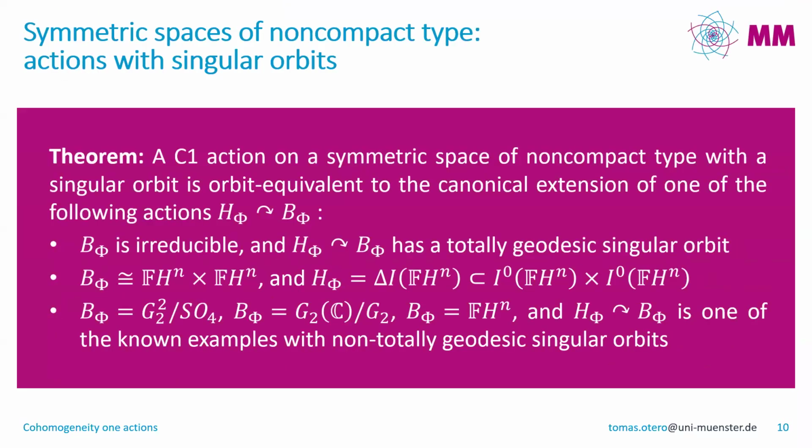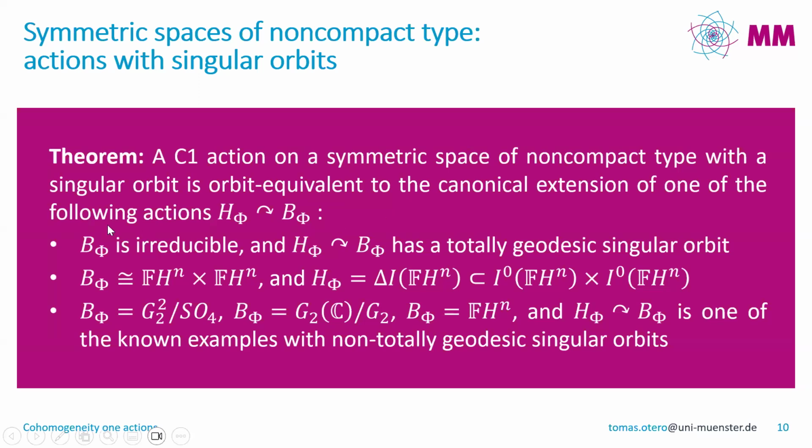Maybe I'll just state the classification theorem for cohomogeneity-one actions on symmetric spaces of non-compact type, which says that if you have a cohomogeneity-one action on M, and this action does have a singular orbit, otherwise it's one of the two from before, your action has to be orbit equivalent to the canonical extension of one of three things.